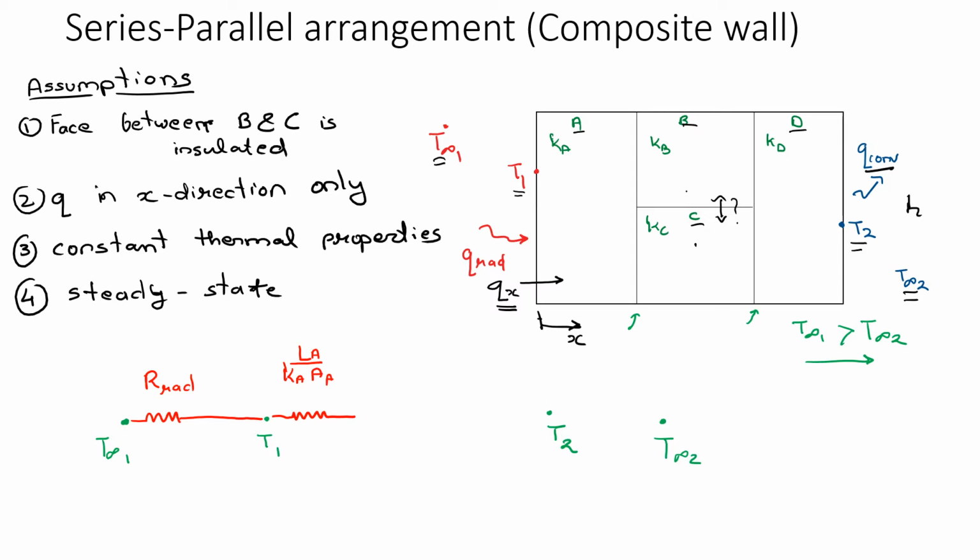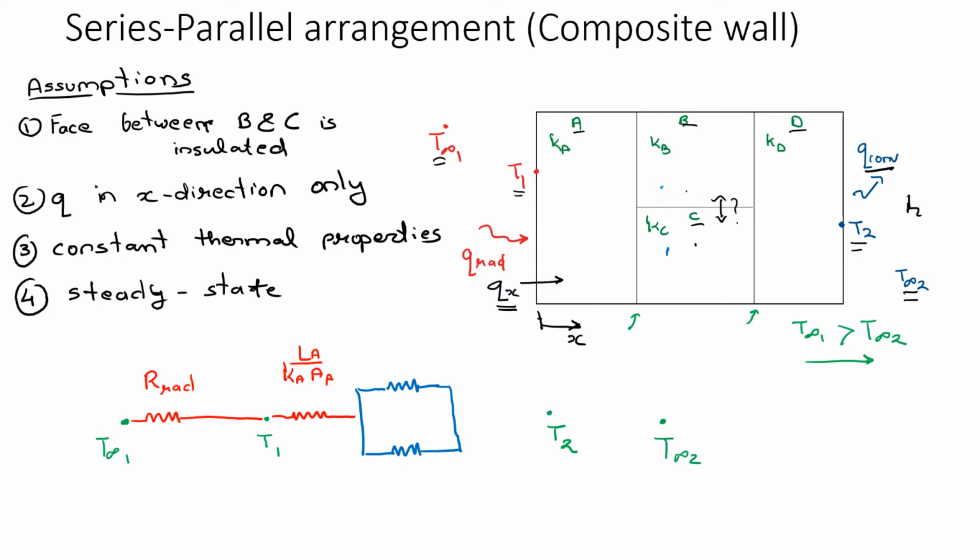After this, the most important thing is that we have two resistances, and the resistances offered by blocks B and C are in parallel. So we will draw them in parallel, right?